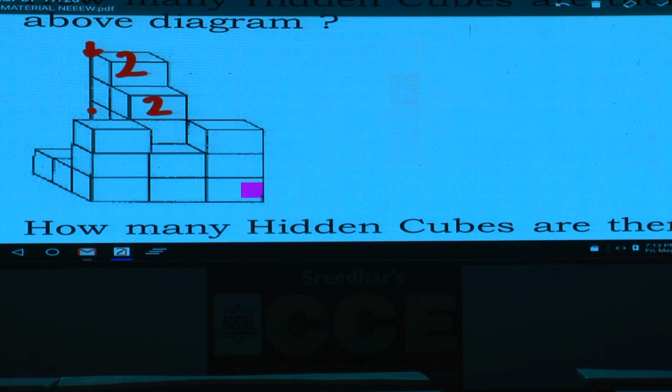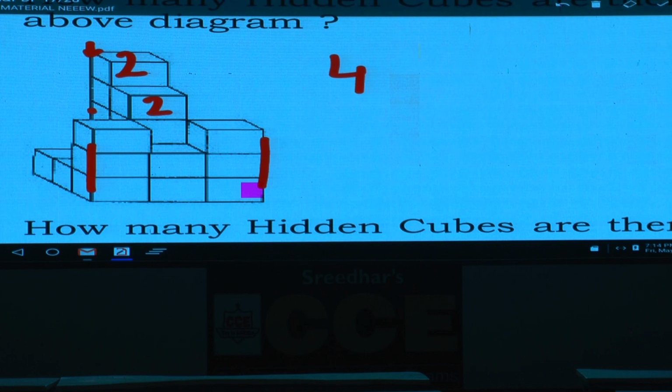Then in the next block, these are 3 floors, all can be seen, and here also all these are visible, isn't it? Now out of which how many are invisible here? As of now 2 and 2. Is there anything else left over here? As of now we got only 4.